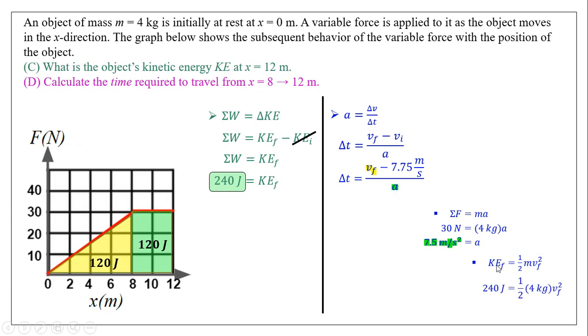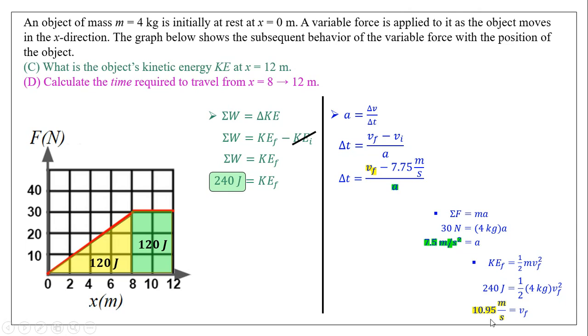Well, Kf here I replace with 240 joules. 1/2 gets carried down. M is 4 because it's given. VF is my only term that I don't know. So therefore, if you take 1/2 times 4, which is 2, 240 divided by 2, which is 120, and then to find VF, you need to square root 120, which will give you 10.95.